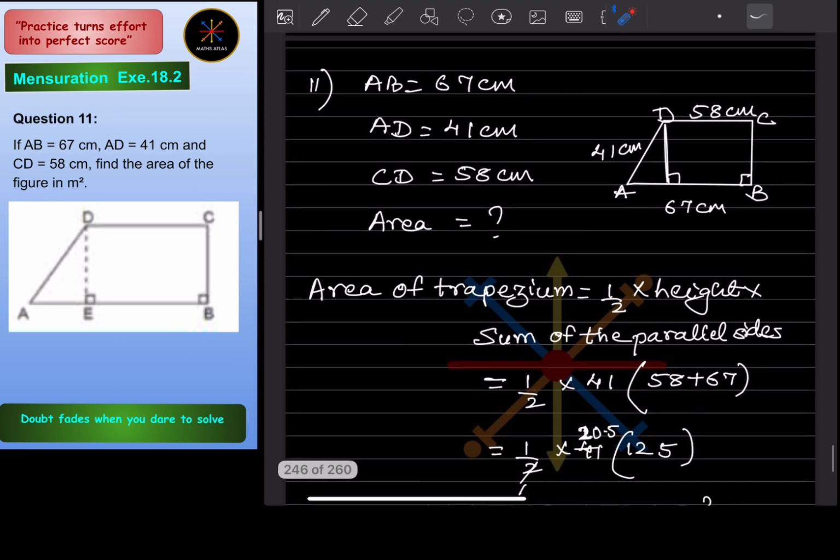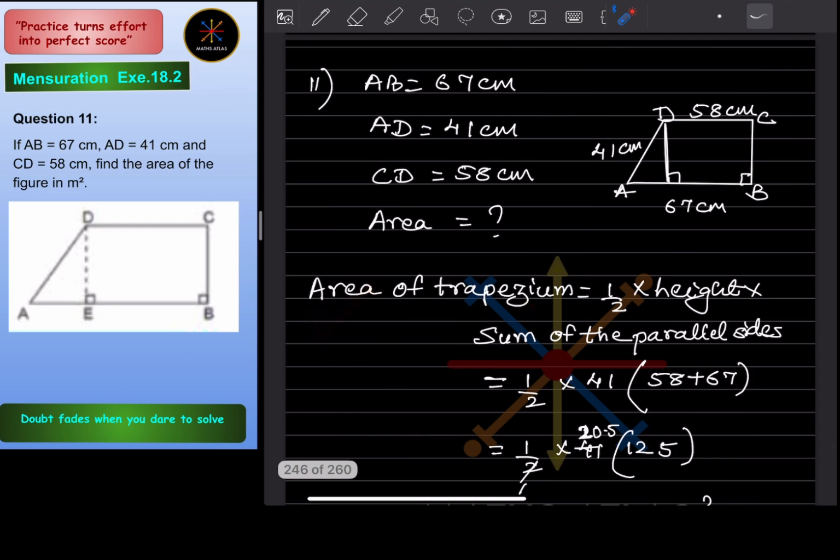So let us write the formula for the area of the trapezium. This is half into the height, which is given as 41, and the sum of the parallel sides, that means these two sides, these are 58 plus 67.